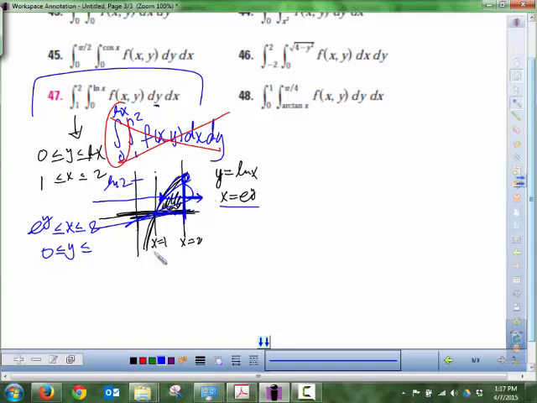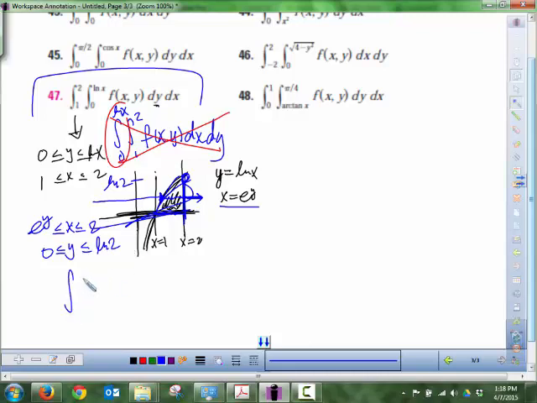So you need to find the intersection between y equals ln x and x equals 2. Well, I'll just put the 2 in for x, and you get ln of 2, which is a constant. I know there's an ln there, but if you have a number inside of the ln, it's a constant. It's 0.69 something.